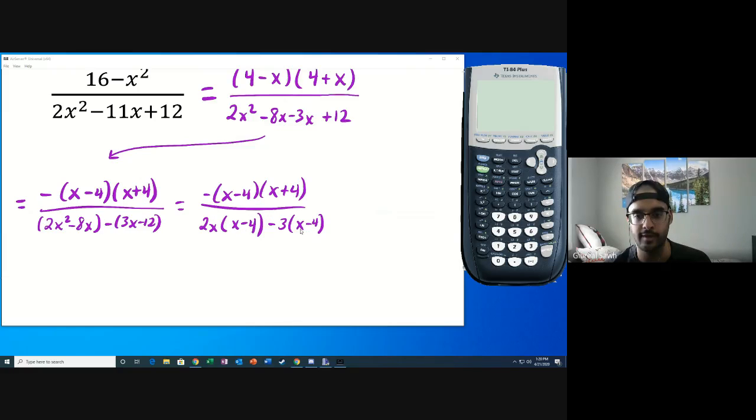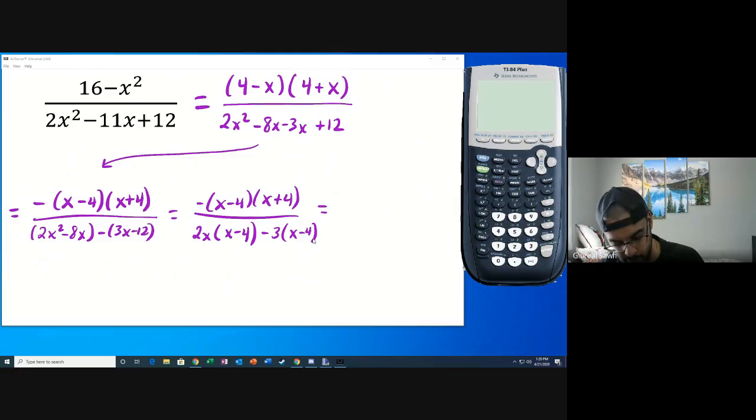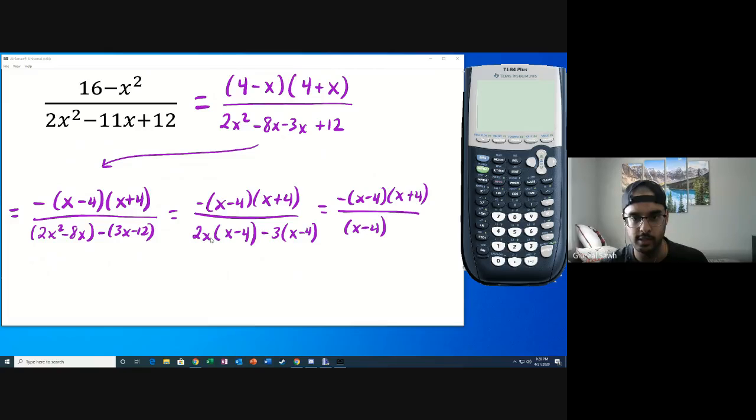My brackets are the same factor. That's ideal. Let's keep going. So I'm going to have minus x minus 4, x plus 4 underneath. My common factor here is going to be x minus 4 now, so let's put that in. The numbers in front of those are going to go together, so 2x minus 3.